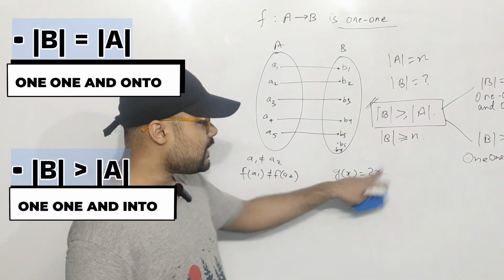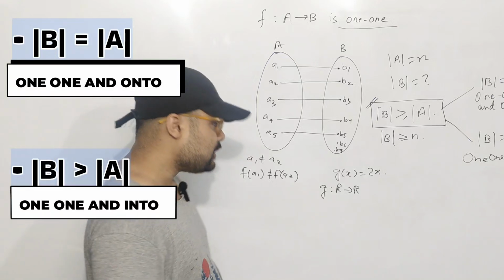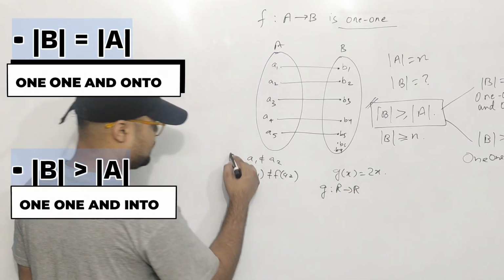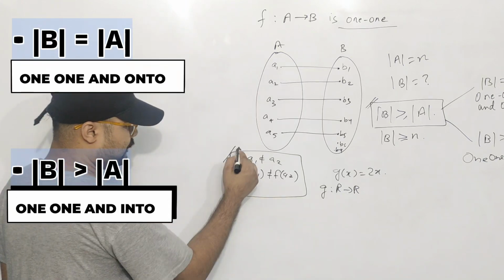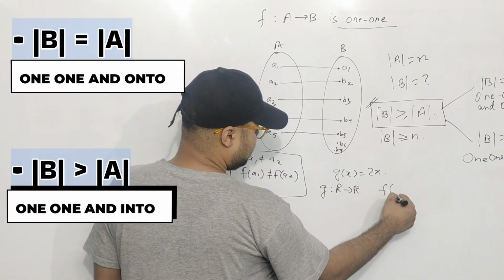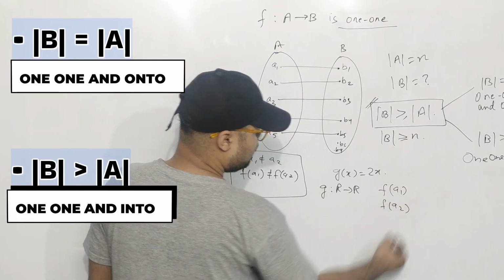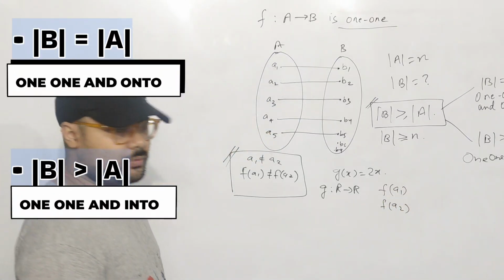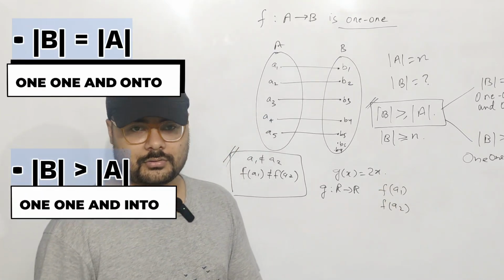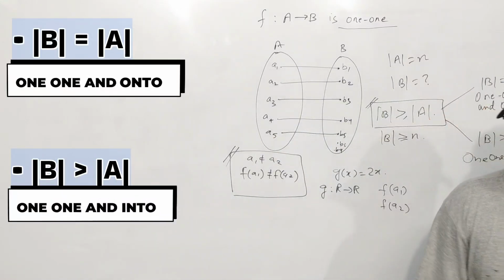Now, if just the expression is given and the curve is not, you can find it out from the expression itself, making use of this fact: if you assume f of a1 and f of a2 where a1 is not equal to a2, then both of them have to come out different or unequal.